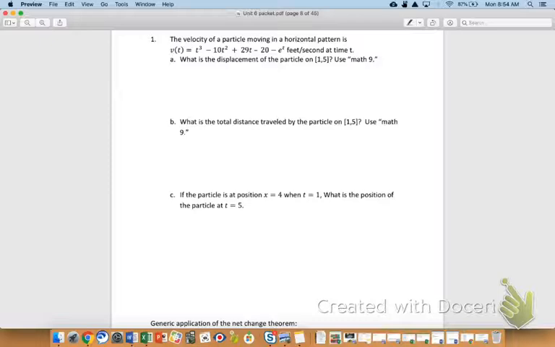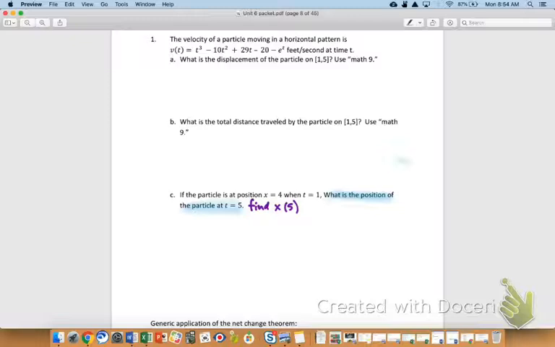If I am looking for the position at t equals 5, would you be okay if I translated that as this? I'm trying to find x of 5, right? So the position x equals 4 when t equals 1. I'm looking for position at 5. We could think of that as x of 5.